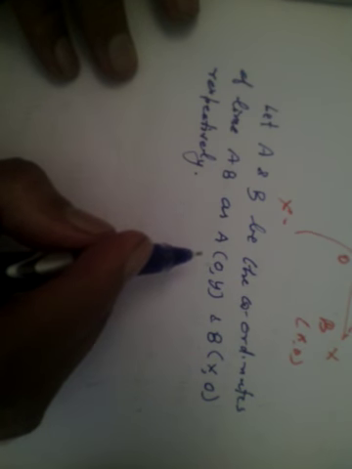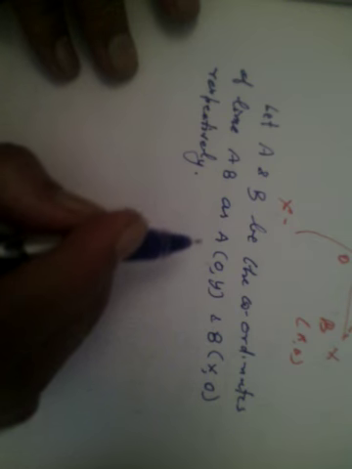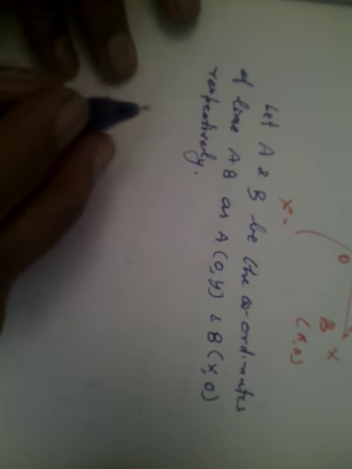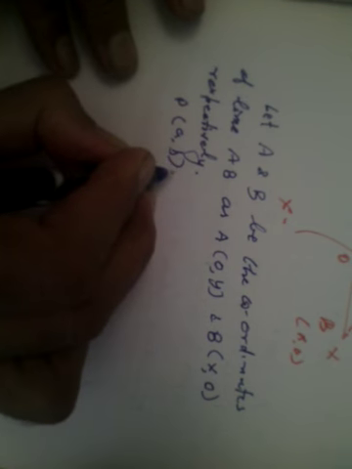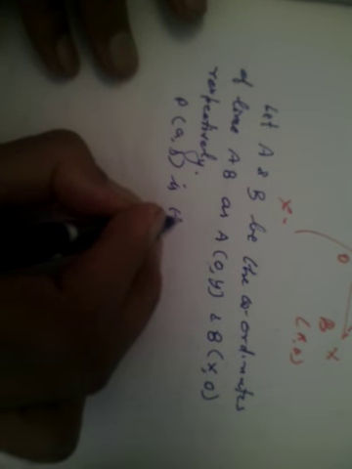So at point A, x is 0, y is y, we don't know how much, we have to find out, and at B, x is x, y is 0 respectively. So P is the midpoint of AB.